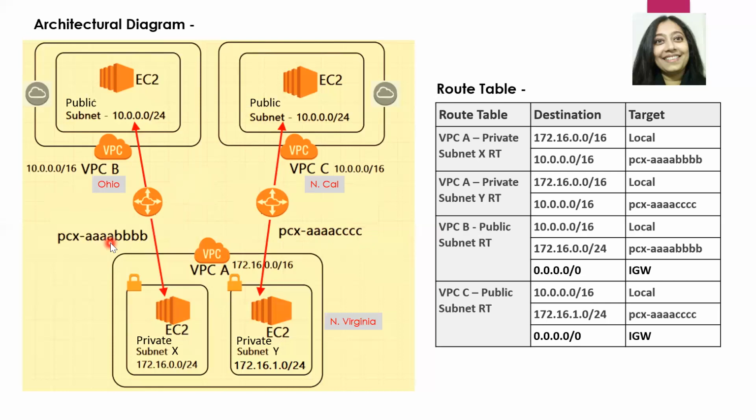Now, for this particular demo, I will be provisioning these VPCs in 3 different regions. For example, I will be provisioning VPC A in North Virginia, VPC B in Ohio, and VPC C in Northern California. You could have these VPCs in one single region, or in different regions as per your choice.